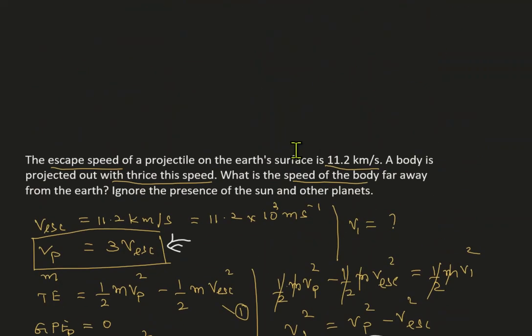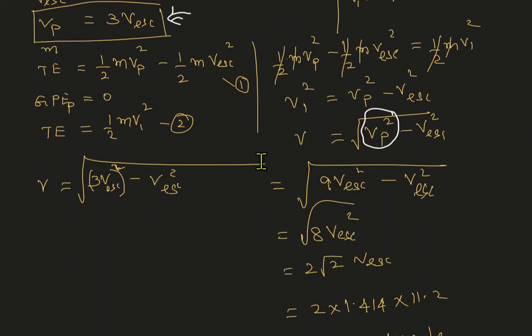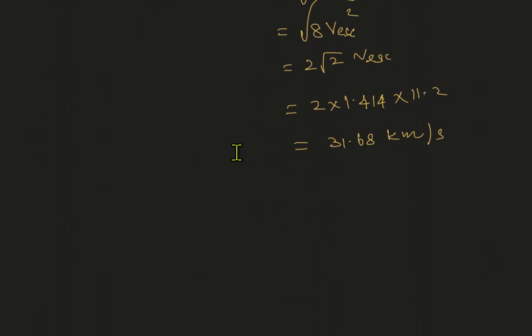And you got 11.2 into 10 cube, so you can introduce 10 cube, and finally it can be converted into kilometer once again. So the final answer is this one. This is the velocity of the projectile. You understand? We have represented this as v1, so you can put the same.